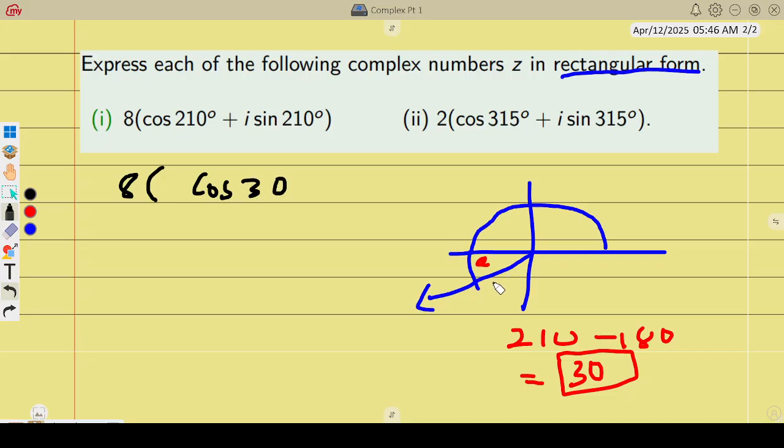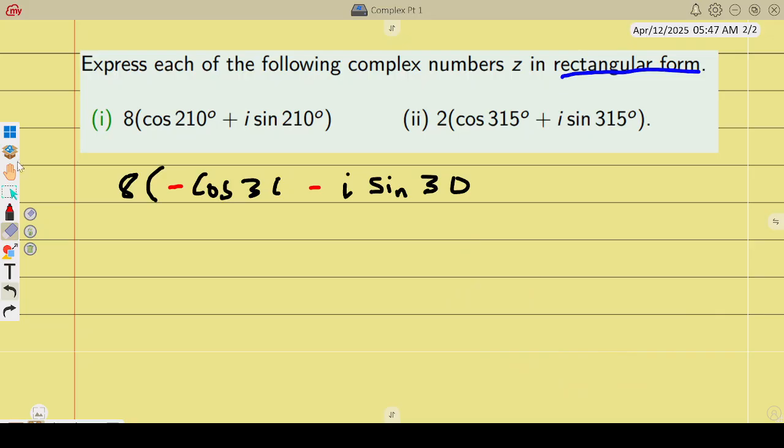And then in the third quadrant, we said all students take chemistry, so in the third quadrant, cos is negative. So we put a negative there. Then we have plus I sine 30. And what about sine? Sine is only positive in the second, so in here it is also negative. So sine will have a negative.